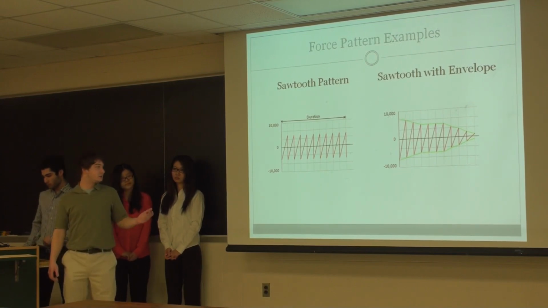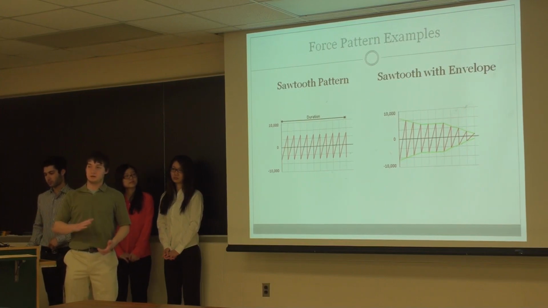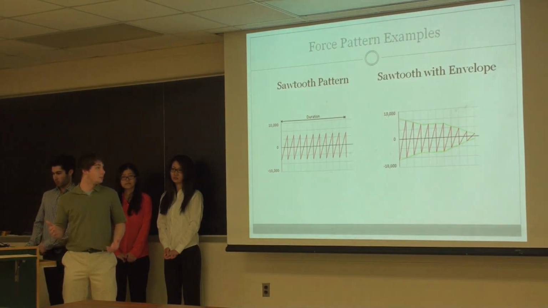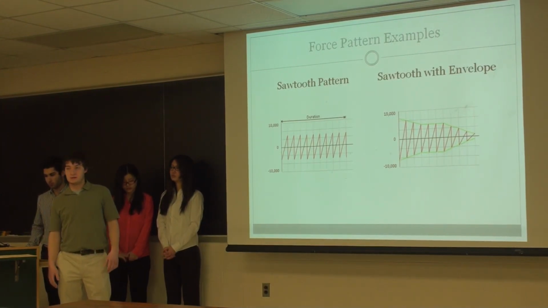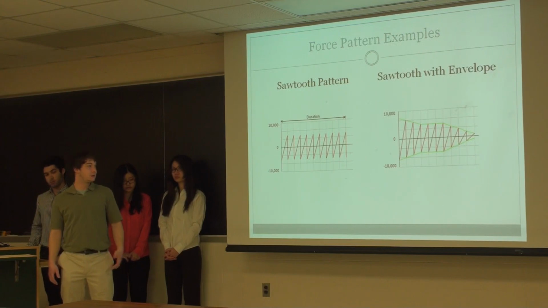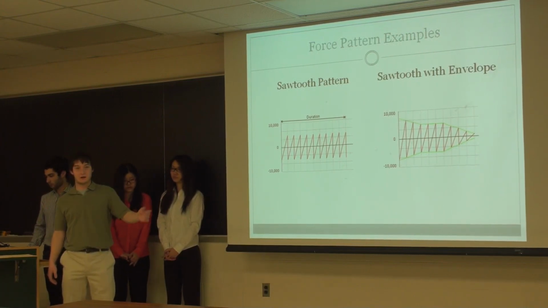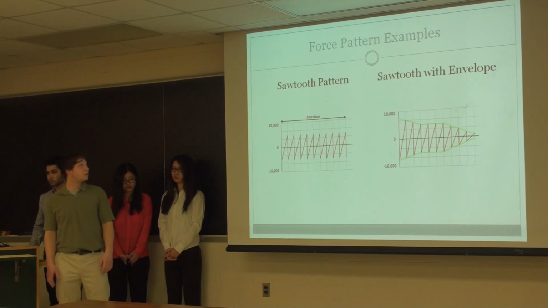In this instance, the joystick will begin with a strong force to the left that will gradually diminish until there's no force at all, and then there will gradually be an increasing force to the right, and then it repeats periodically. You can also assign an envelope to these periodic forces. Basically, if you want a periodic force to diminish over time, you can use an envelope that gets narrower over time, like the one seen up there.